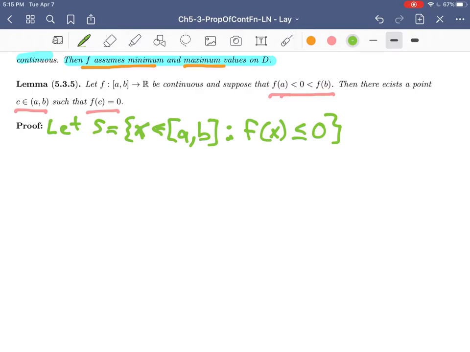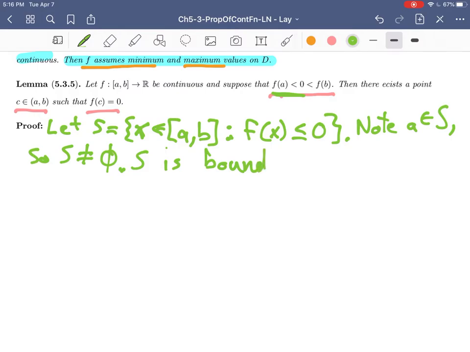We might observe that a is an element of this set, since we are assuming that f of a is less than 0. So our set is not the empty set; it contains something. S is also bounded above by b.